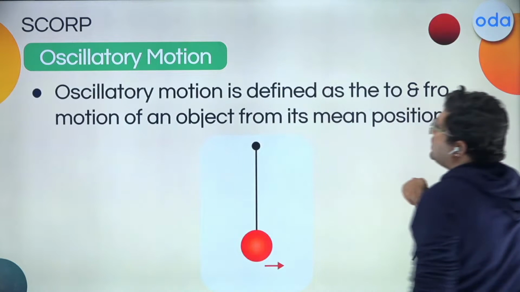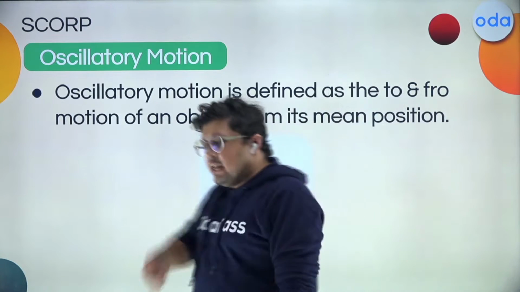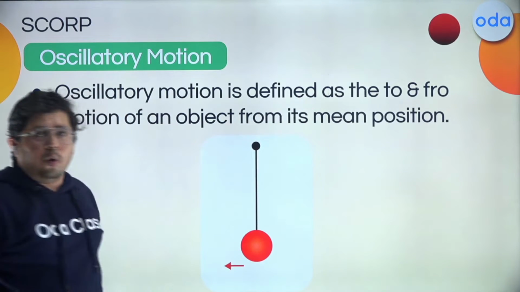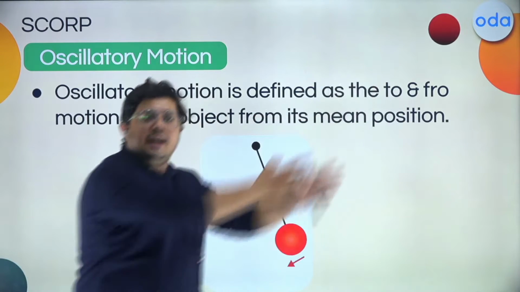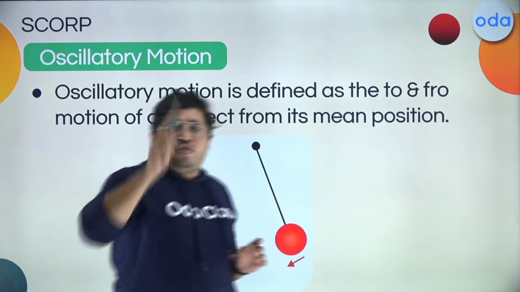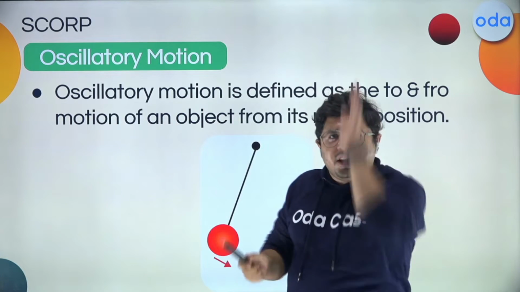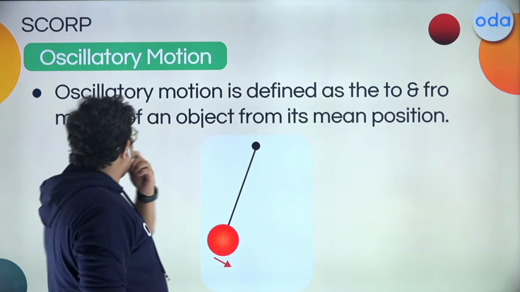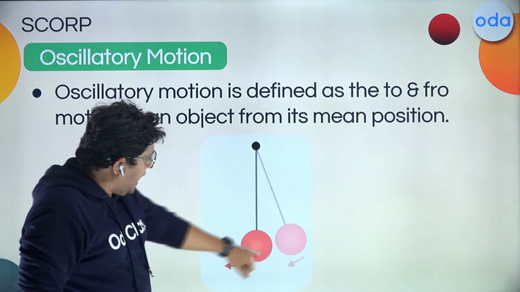So basically, what is an oscillatory motion? Oscillatory motion is a motion that is defined as the to and fro. टू एंड फ्रो का मतलब फॉरवर्ड एंड बैकवर्ड from a fixed point, किसी एक फिक्स्ड पॉइंट या फिक्स्ड लाइन के अकॉर्डिंग, उसको हम ऑसिलेटरी मोशन बोलते हैं.